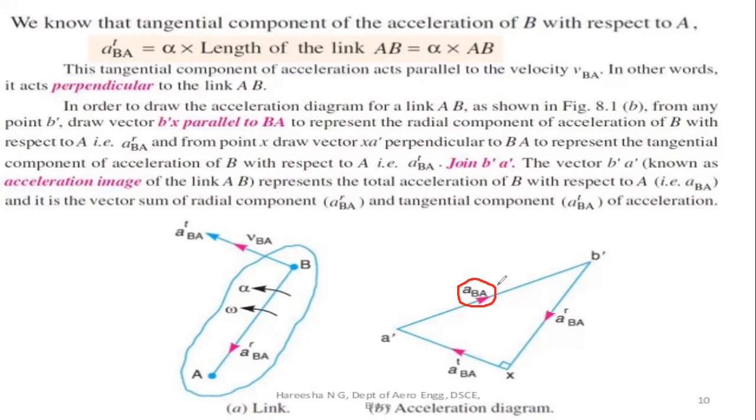It is the vector sum of the radial component of acceleration BA and the tangential component of acceleration, that is A_BA or A_t BA.